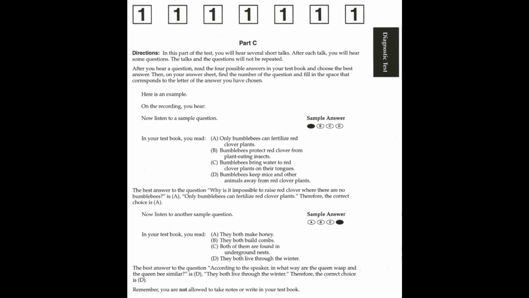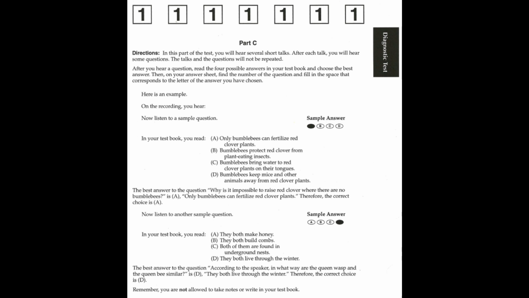Now listen to another sample question. According to the speaker, in what way are the queen wasp and the queen bee similar? In your test book, you read, A. They both make honey. B. They both build combs. C. Both of them are found in underground nests. D. They both live through the winter.